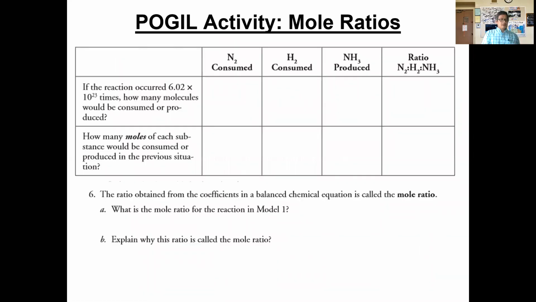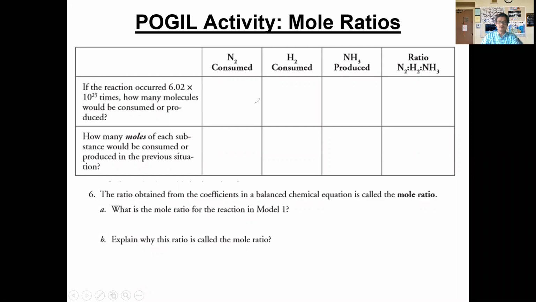Okay, so we typically don't run a reaction with just 1 molecule of nitrogen and 3 molecules of hydrogen. We typically don't run the reaction with 100 molecules of nitrogen and 300 molecules of hydrogen to produce 200 molecules.